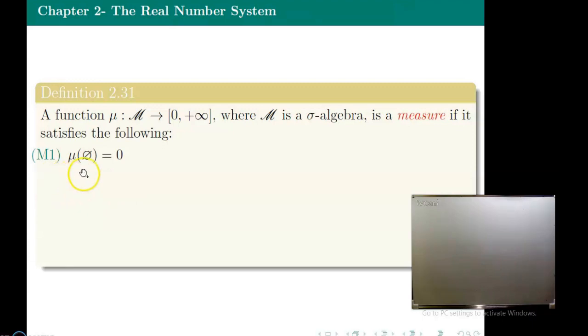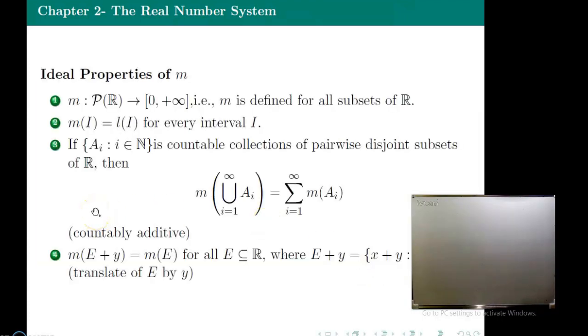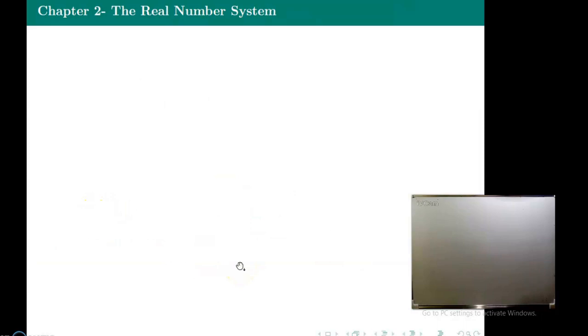So mu, the measure of empty set, is 0. Next, this is countably additive. So I think this is the third ideal property.